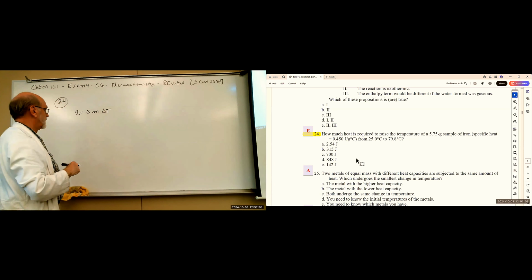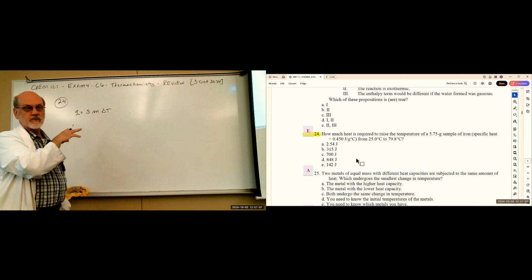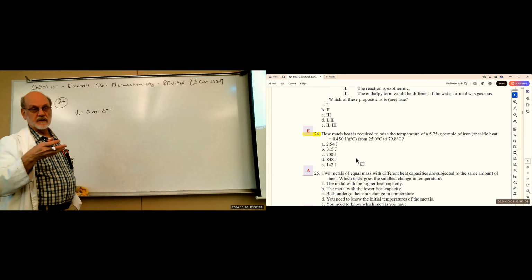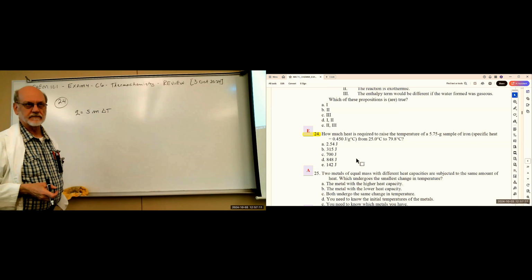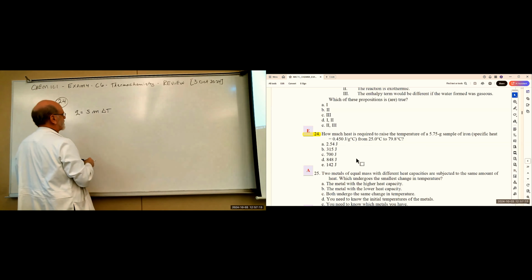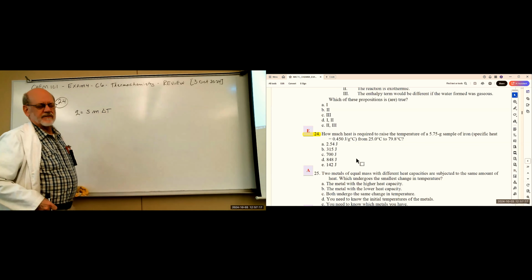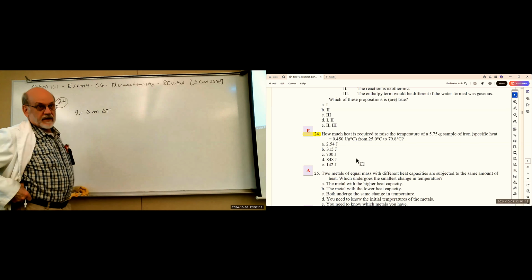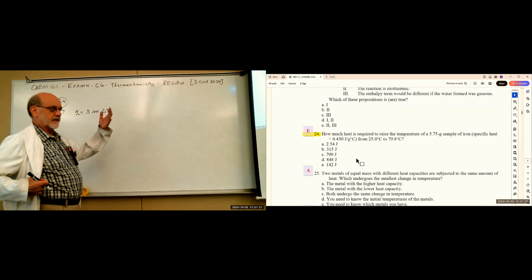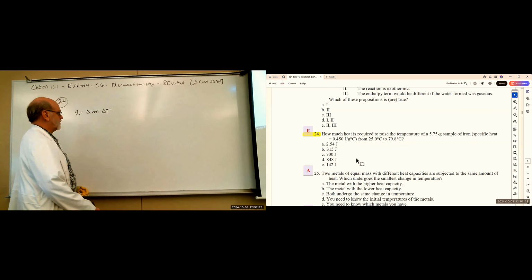This is one of those cases where we don't have to change the temperature to Kelvin. Actually, it would work because we'd subtract the final from the initial and get a value that's exactly the same size as Celsius. So it really wouldn't matter.